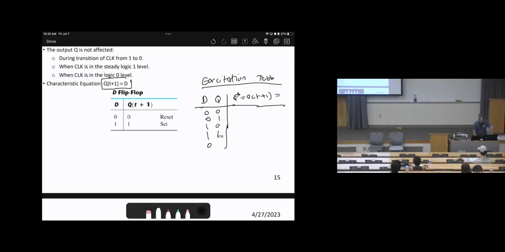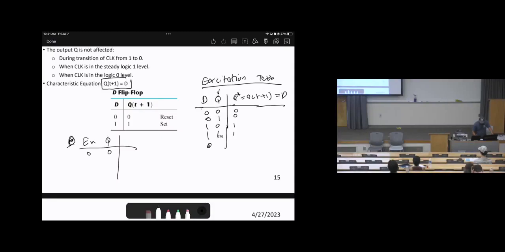Q equals D. So no matter what Q is here, it will remain as D. So it will be 0, 0, and here D is 1, 1. That's it. I got confused in the beginning because I assumed D or enable and Q. This will be different. If it is enable and Q, what I mentioned in the past is right.